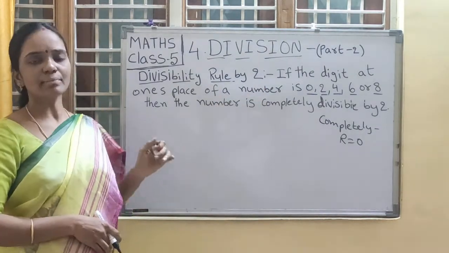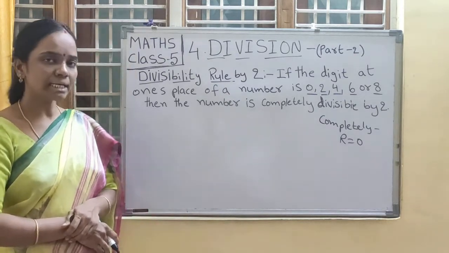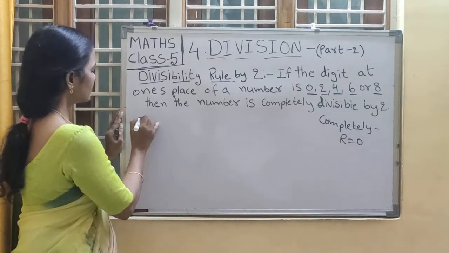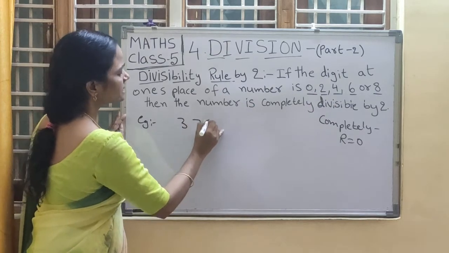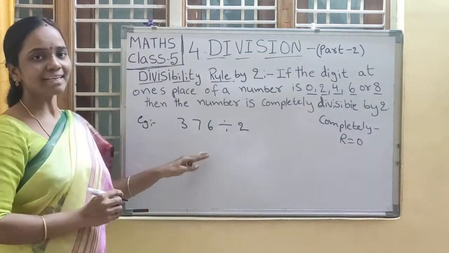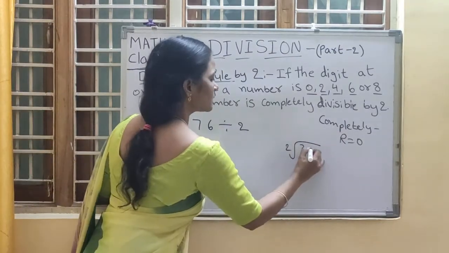Just by seeing a number, I am going to tell you whether it is completely divisible or not, and what the remainder is. For example, take 376 divided by 2. I am not doing the long division process.